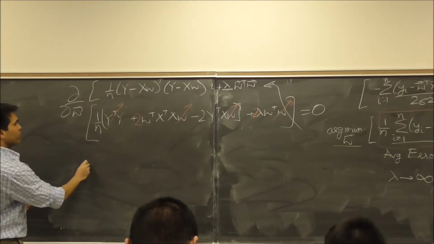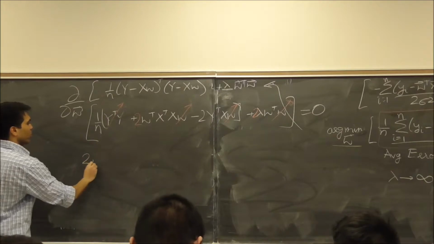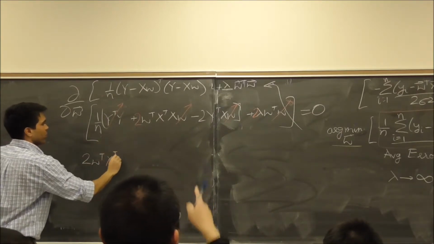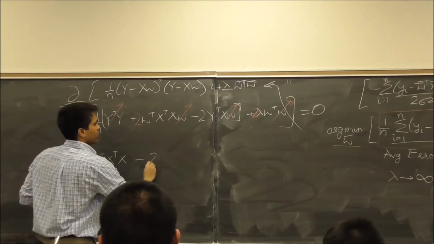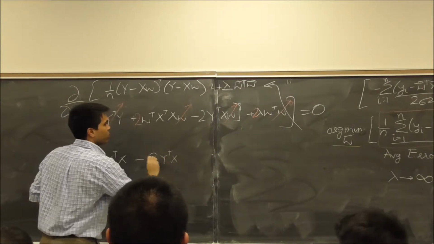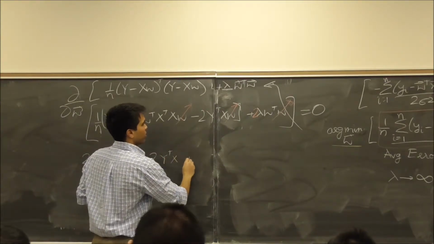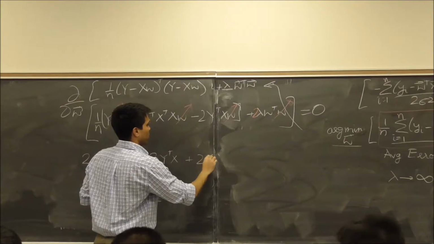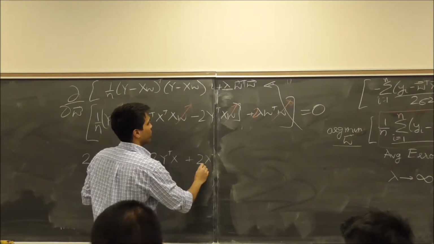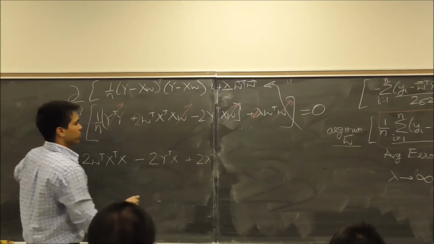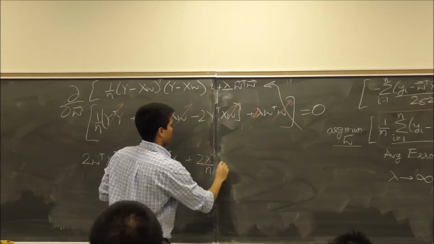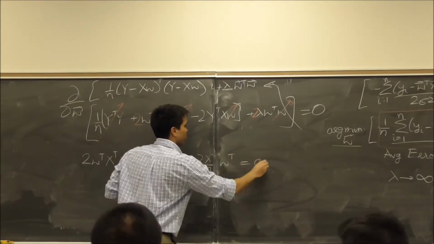So what do I have? It's 2 W transpose x transpose x minus 2 y transpose x plus lambda by n W transpose equal to 0.